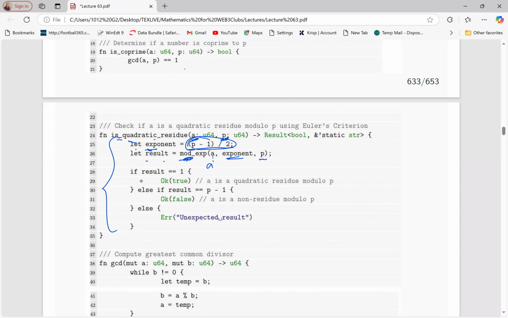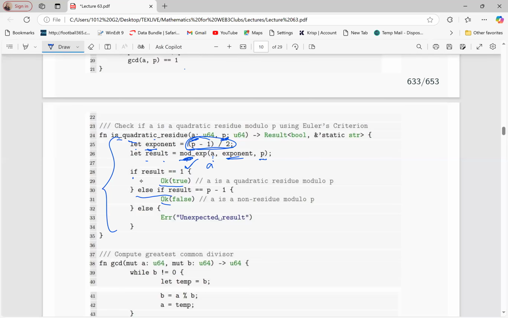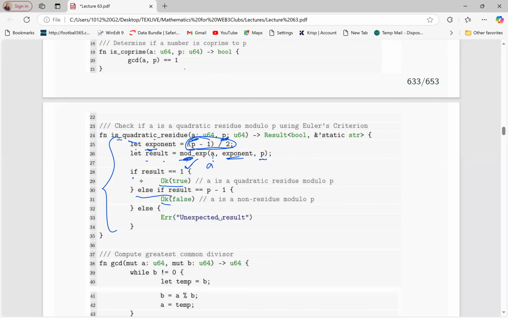Then mod P. And then if the answer is 1, the element is a quadratic residue. Else, the element is not a quadratic residue. So if the answer here is 1, the element is a quadratic residue.